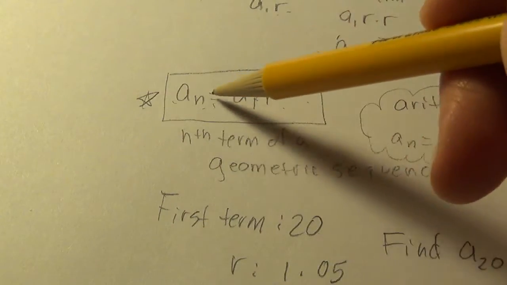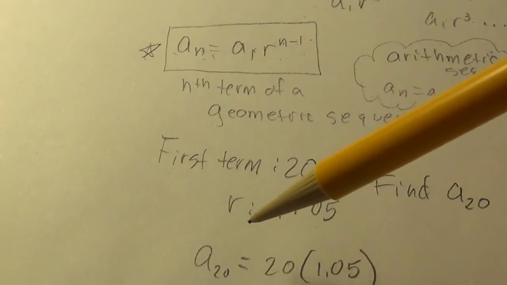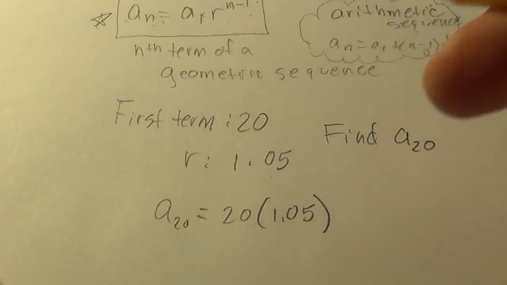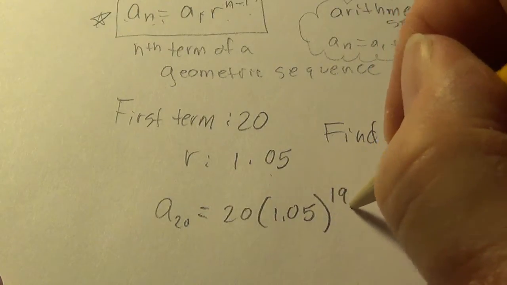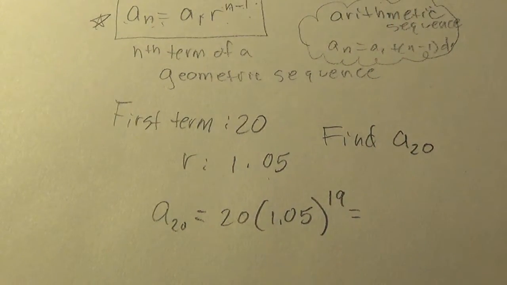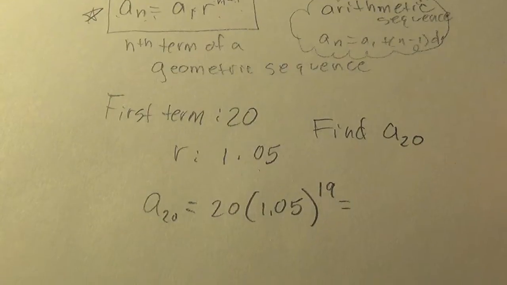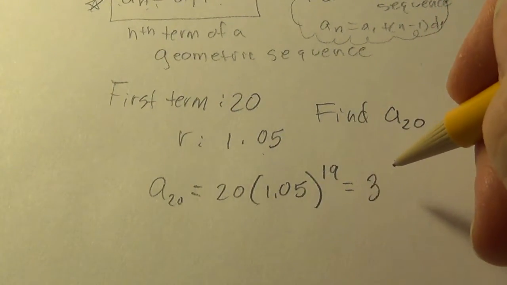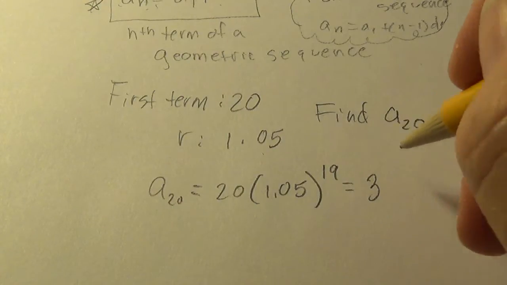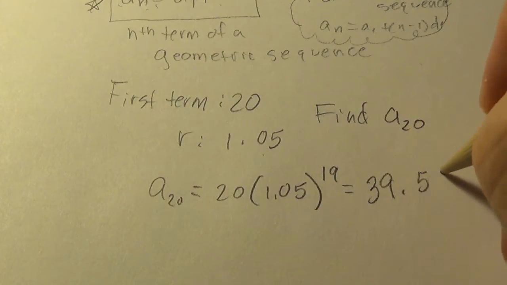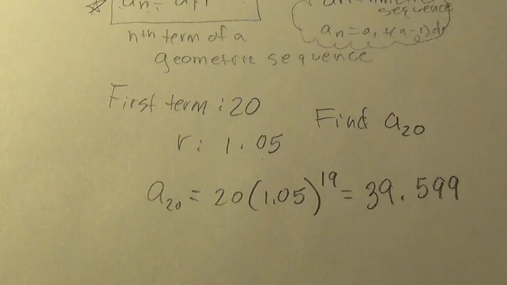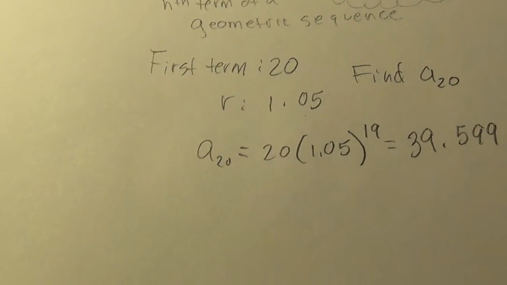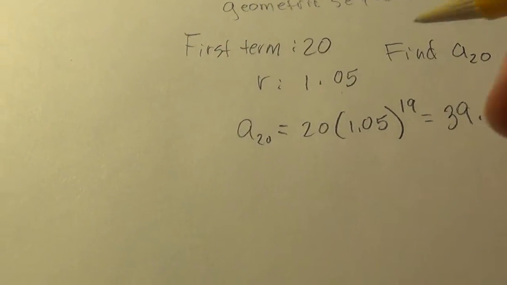This n and this n are the same, so we're looking for the 20th term, so this will be 20 minus 1, or 19. Calculating that, it should be 39.599.